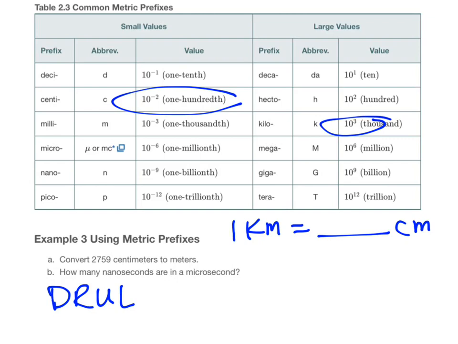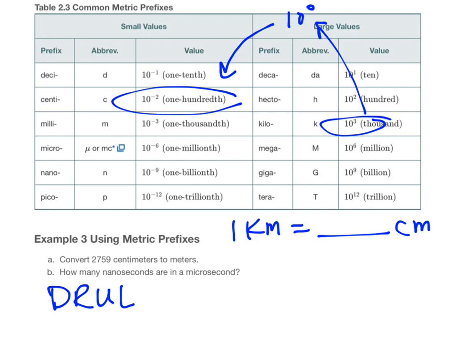All right, so looking at the exponents, I'm going from 10 to the third to 10 to the -2. Okay, so 10 to the third down to 10 to the 0th is 3 decimal places, and then 10 to the 0th down to -2 is another 2, all right, or just the difference between 3 and -2 is 5 places.